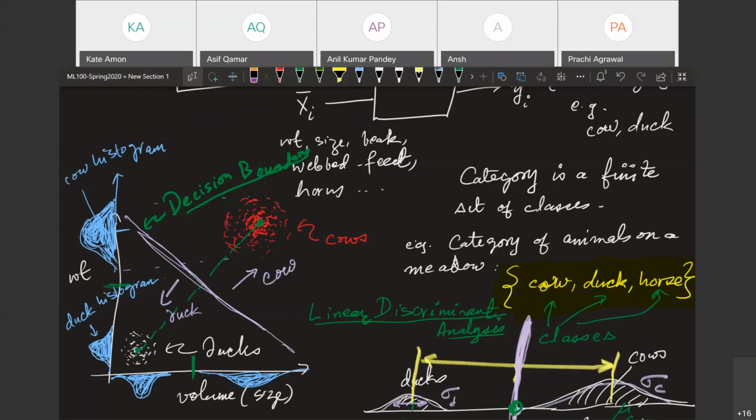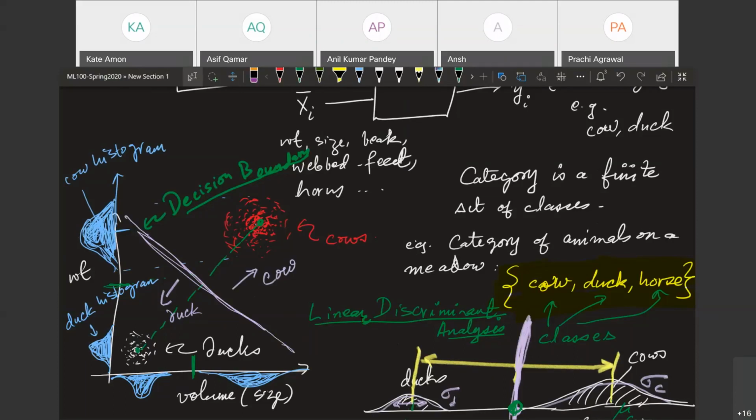It's just a rounded hill kind of thing. Likewise for cows, the hill is much more broad. Cows have a bigger variance in weight. But nonetheless, if we squint and not look too carefully, we can say they look somewhat identical bell hills.